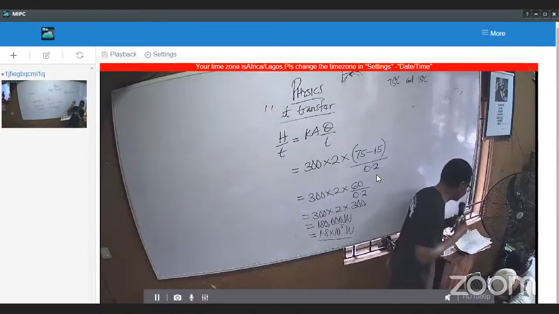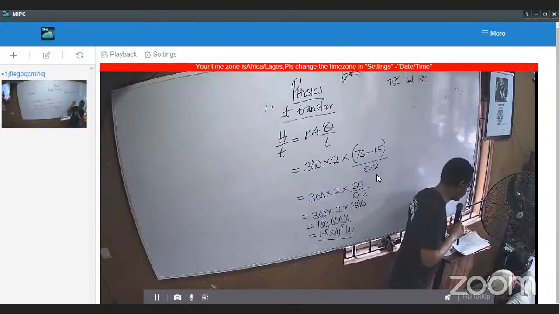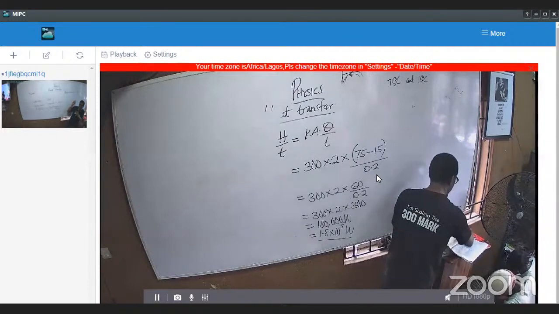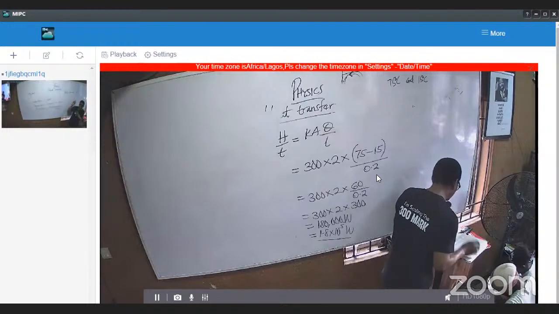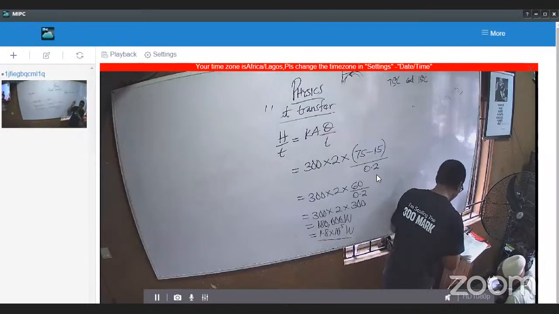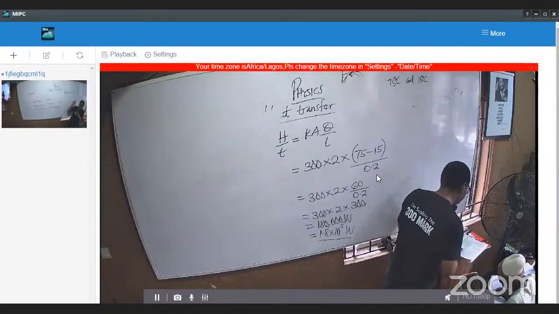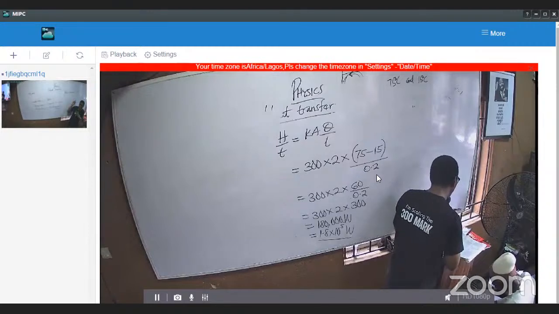Teapots are often silver coated to prevent heat loss by. Option A, conduction only.